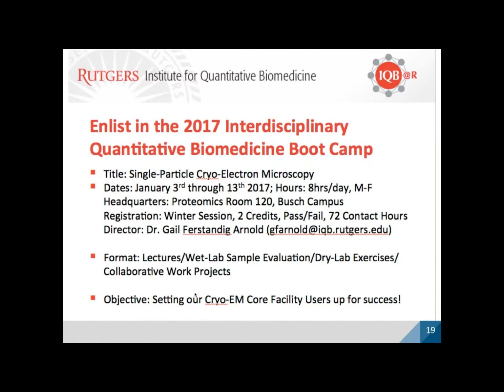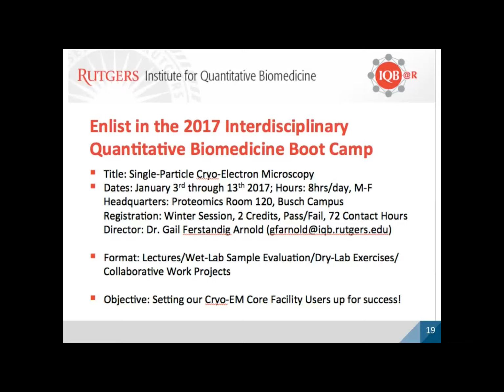The way in which we're going to try and set our users up for success with the facility is to provide an opportunity for this crash course that in the first week is going to allow people with samples to bring them forward and have them characterized both biophysically and in the cryo-EM to determine whether or not they're reasonable candidates for study immediately or whether more work needs to be done on generating the sample.